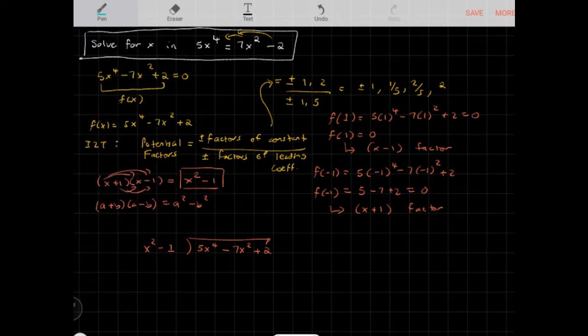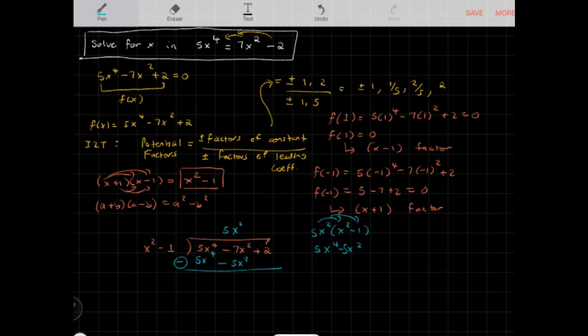I'm going to multiply this by x squared, because x squared times x squared minus 1 gives you x to the power 4 minus x squared. Sorry, I should multiply that by 5x squared, because you get 5x to the power 4 minus 5x squared. You have to match the term as well as the degree.